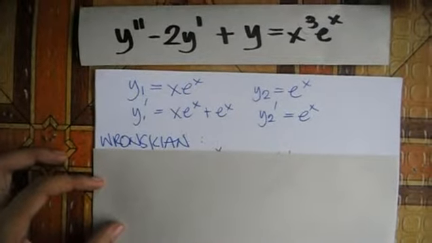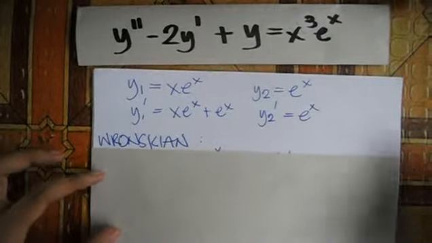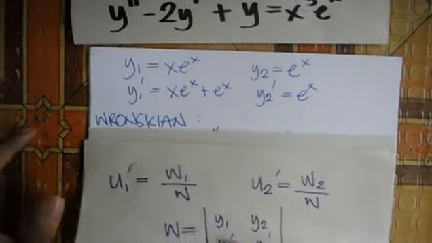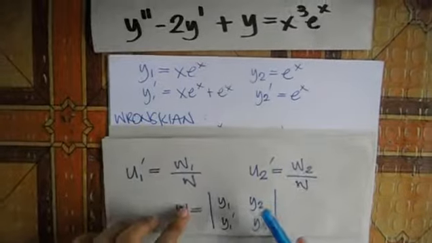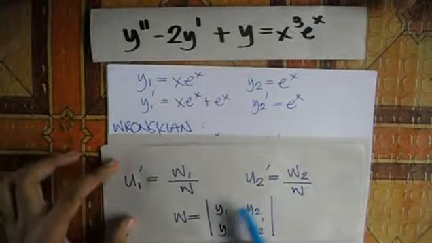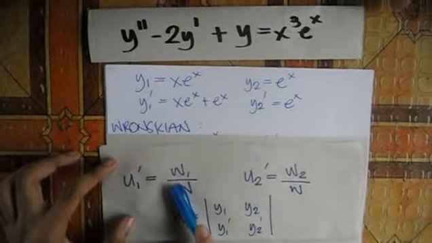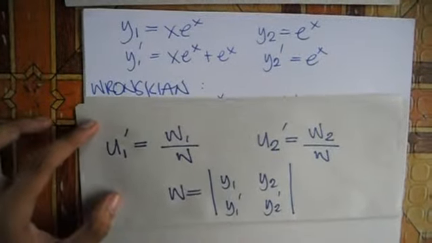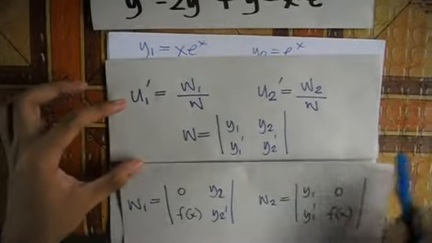Then using the Wronskian, we know that to find u primes, we use the Wronskian, and we know that u prime is equal to this equation, where w1 and w2 are defined by these equations also.